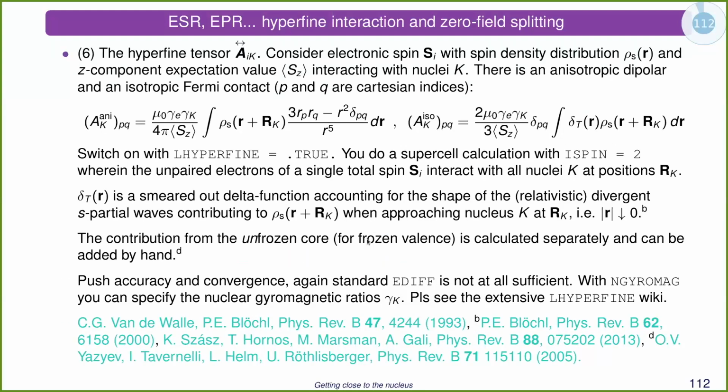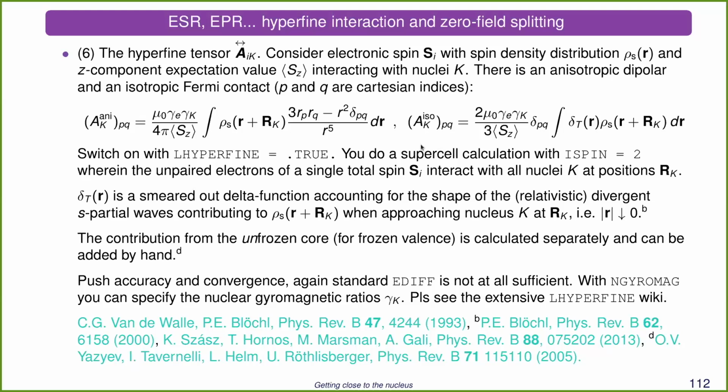The A tensor is the hyperfine tensor. So you have a big supercell with some defect species in it, whatever, where you get an effective electronic spin with some spin density distribution and an S_z expectation value. So it need not be spin one half, it can also be something else. And then this tensor is calculated in this way.